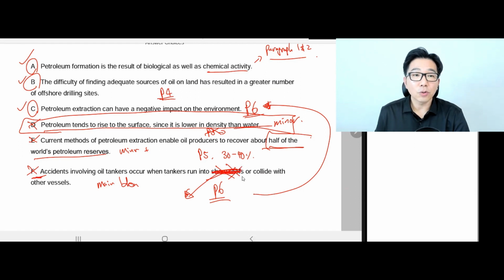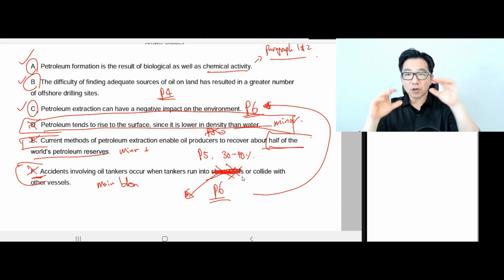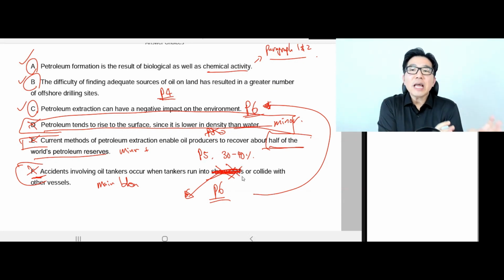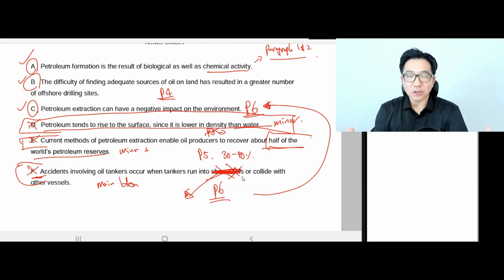So two things can happen. Be aware. It could be a minor detail that is correct information. It could be wrong information. And it could be wrong information as well as minor detail, to be the wrong answer.